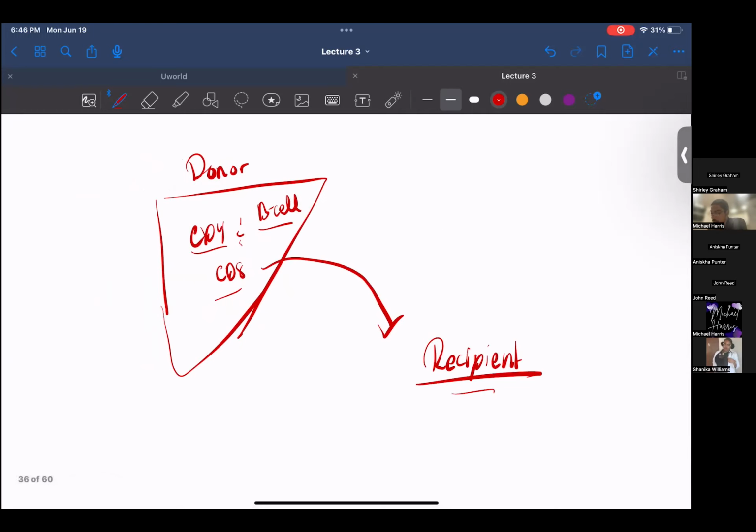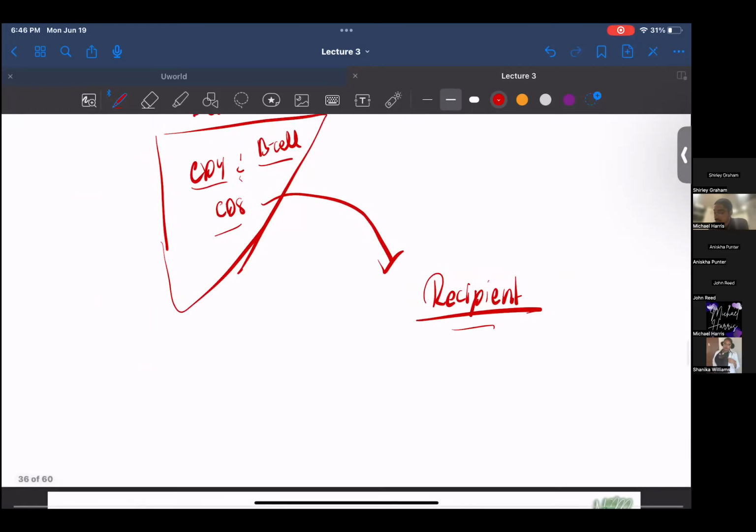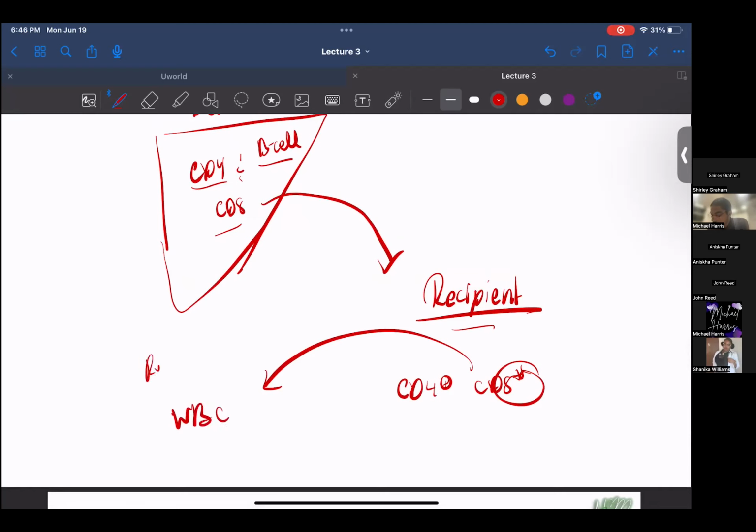So essentially what ends up happening is these CD8 and CD4 cells go and attack the recipient's WBCs. Now, they attack at certain locations. Now, if you remember, CD4 and CD8 cells, but mainly CD4 cells, they present which type of MHC?